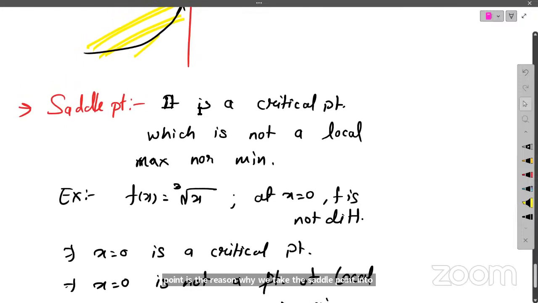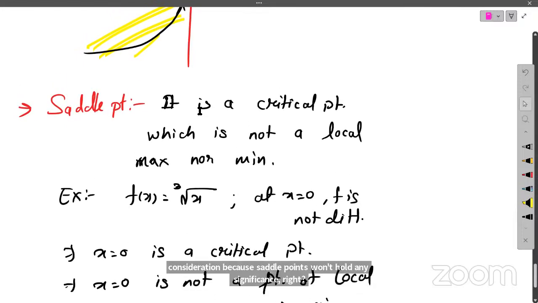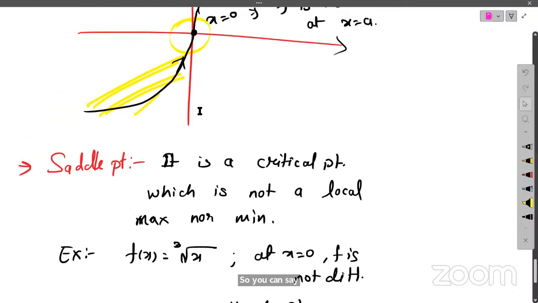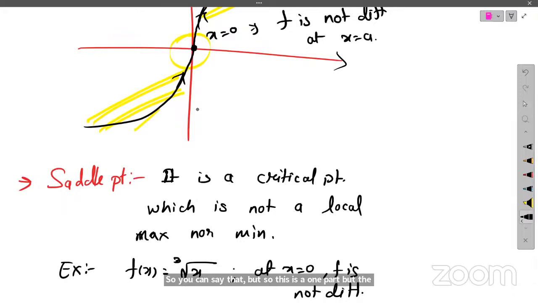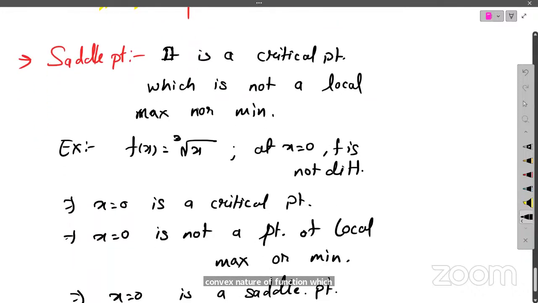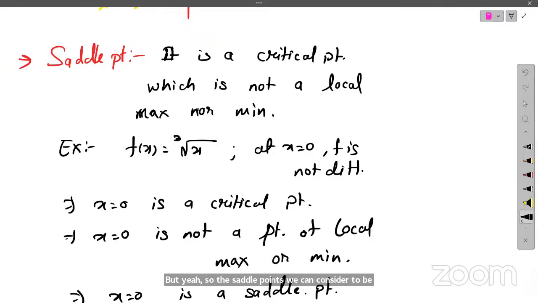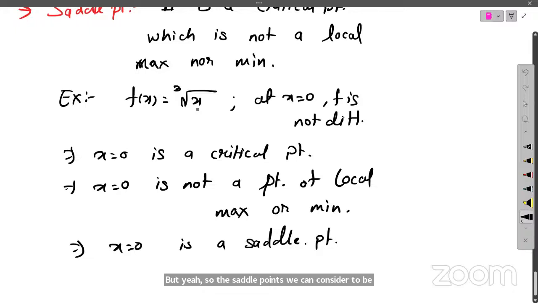Right, that's correct. So that is one part, but the main significance of saddle points is the concave and convex nature of a function, which you may learn in maths or somewhere else. But yes, we can consider saddle points to filter out the maximum and minimum critical points. That will be one solution.